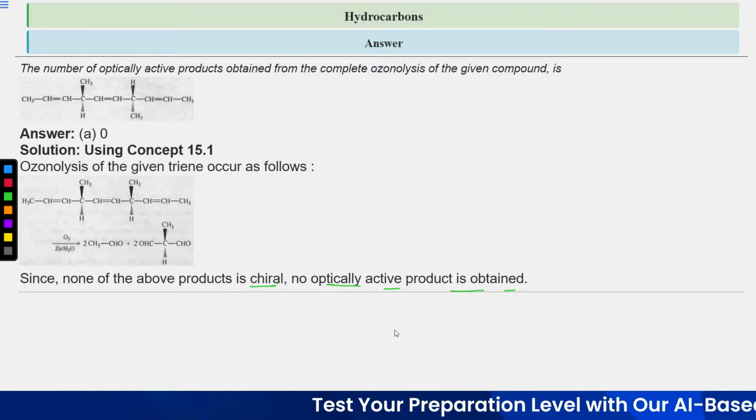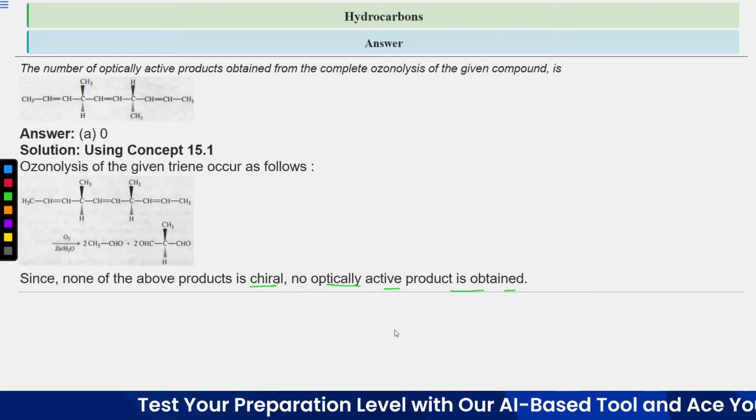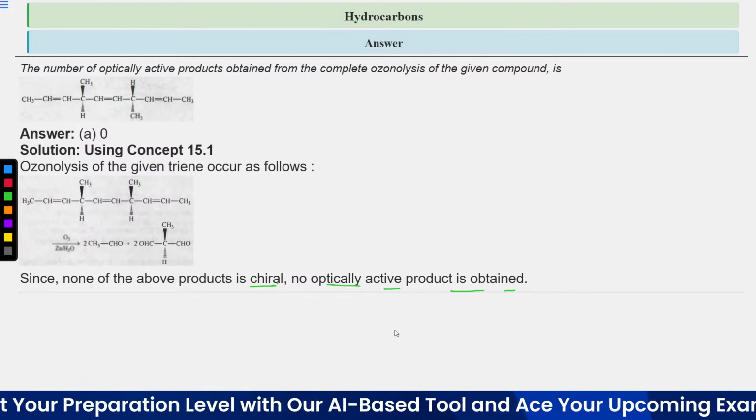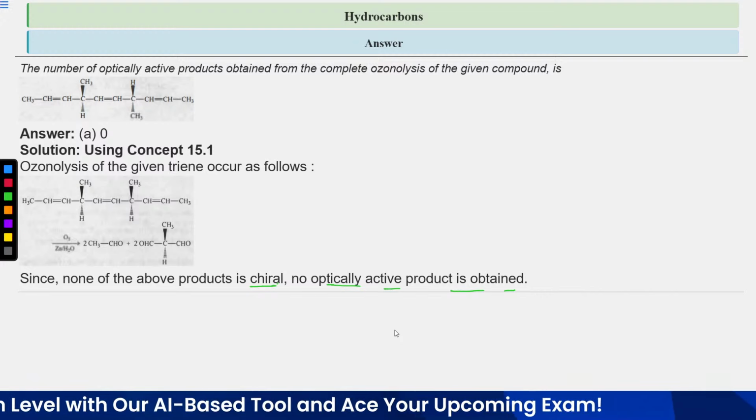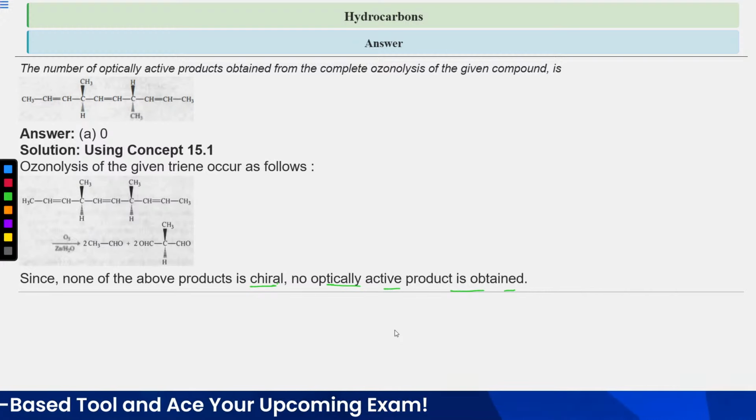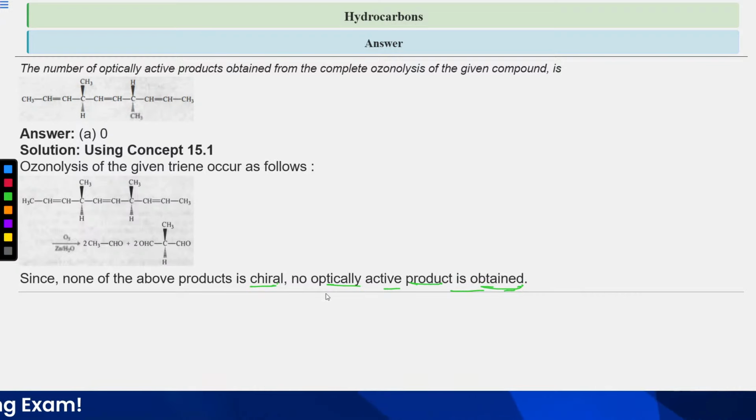In the other two molecules obtained as product, there are also no chiral compounds present, right? Hence, there will be no optically active product obtained after the ozonolysis of the given compound, and thus our correct answer is option A, that is 0.